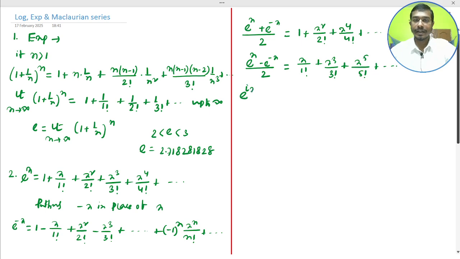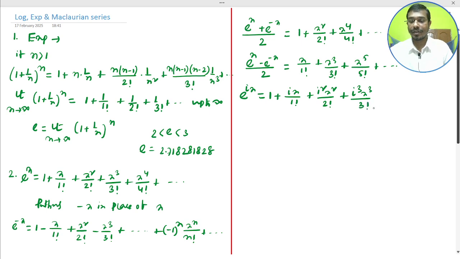Next, e to the power ix would become 1 plus ix by 1 factorial plus i square x square divided by 2 factorial plus i cube x cube divided by 3 factorial plus dot dot, as it is.